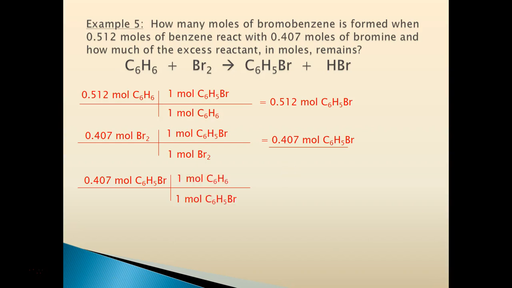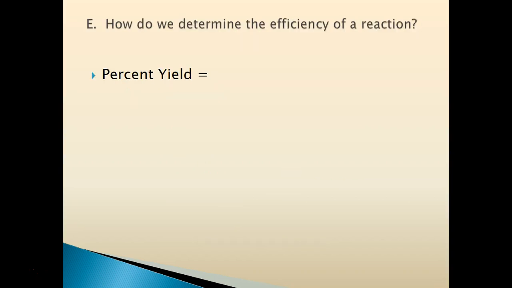Again, the mole ratio is 1 to 1. That means I used 0.407 moles of benzene. Since I started with, that should just say benzene. All right, anyways, I started with 0.512 moles of benzene, so I'm going to subtract what I used, and I'll get the remaining amount.